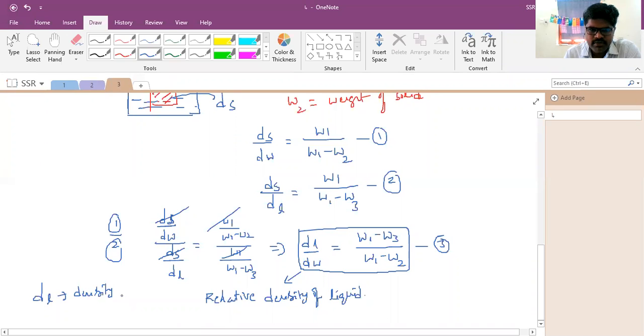What about W1? Weight of the solid body in air. What about W3? Weight of the solid body in liquid. What about W2? Weight of the solid body in water. So that's it. This is about the calculation of relative density of liquid. Are you clear on this, all of you? Second application.